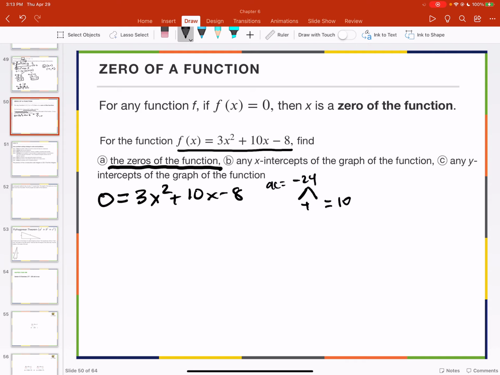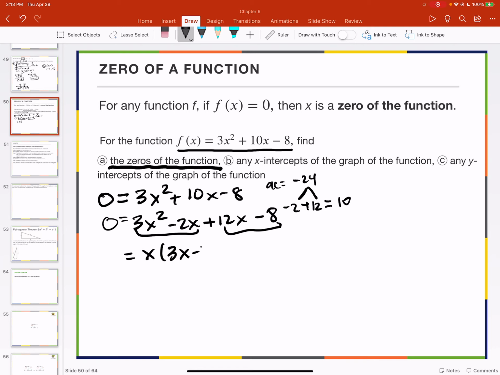If you said -2 and +12, you were right. So let's continue. Substitute 3x squared, -2x plus 12x minus 8. Okay, factor by grouping. X times 3x minus 2 plus, and then factoring out 4, we get 3x minus 2.